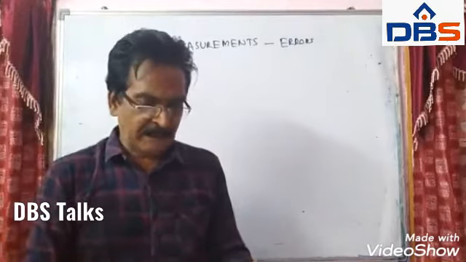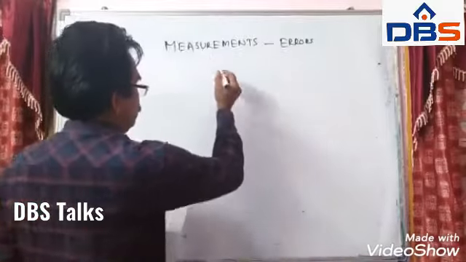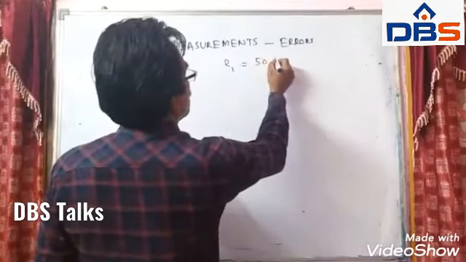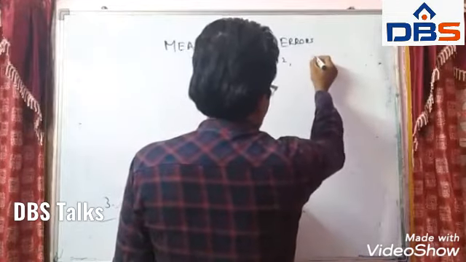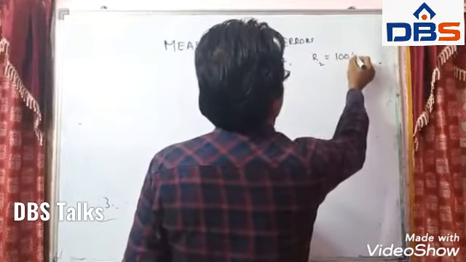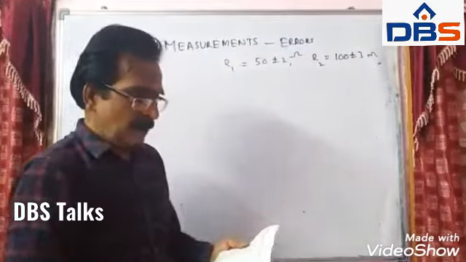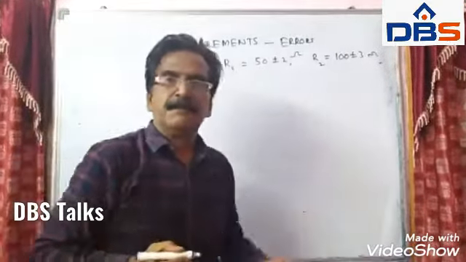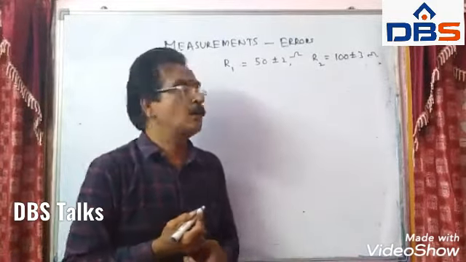Find the relative error in their equivalent resistance, if R1 is equal to 50 plus or minus 2 ohms and R2 is equal to 100 plus or minus 3 ohms. Same as we did in the earlier problem friends, just for practice sake I am doing this problem also.